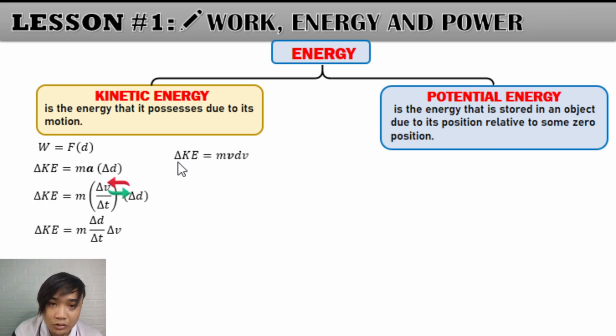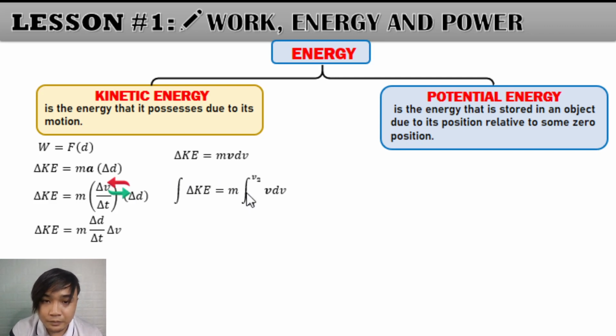So the differential kinetic energy is equal to mass times velocity times differential velocity. We integrate it. The mass is kept outside the integral because it is constant, so whatever the position, it does not change.